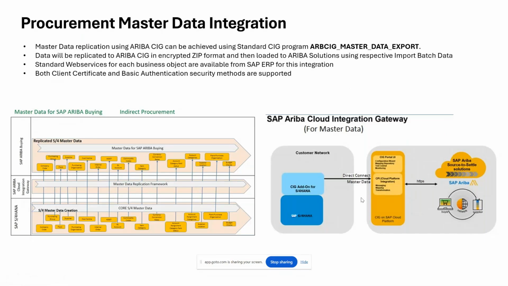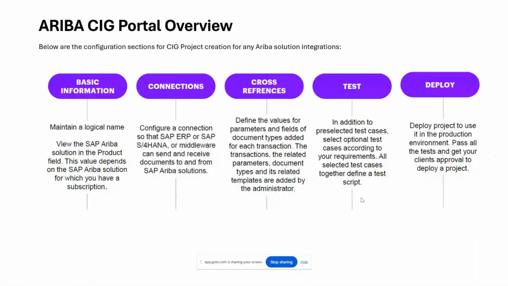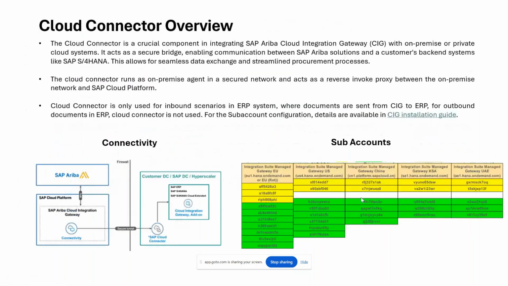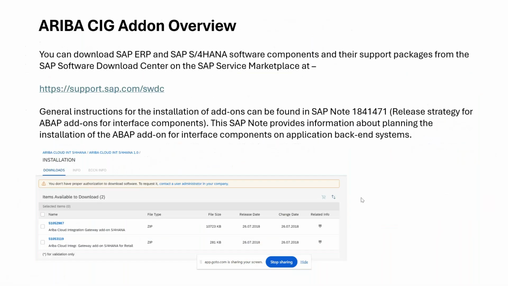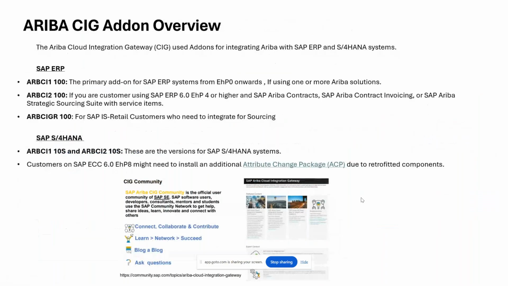If you don't go with the CIG add-on, think about how you load the master data to Ariba. You have to manually configure the web services and point them to Ariba solutions. Maybe it can be a direct solution, but you have to create a logic in the background, maybe ABAP code or whatever. You need to write ABAP code in order to fetch that company code data from so-and-so tables of Ariba, sorry, SAP, right?